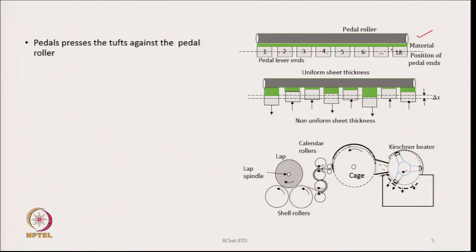The green rectangle is indicating the material, and on the top of it we have the pedal roller which is fixed. So, pedals are there, the material is there and the pedal roller is there.